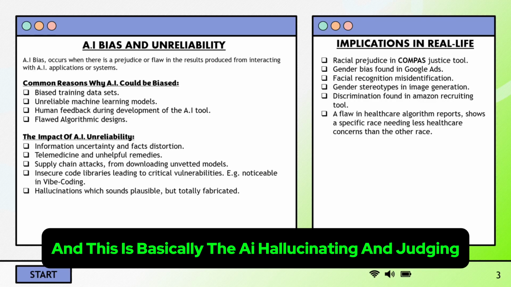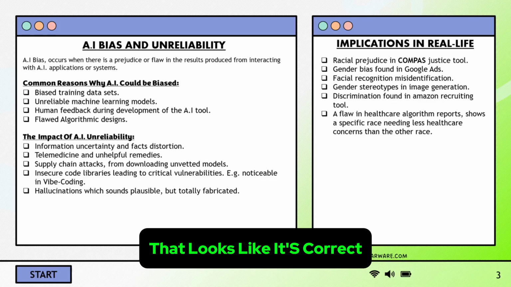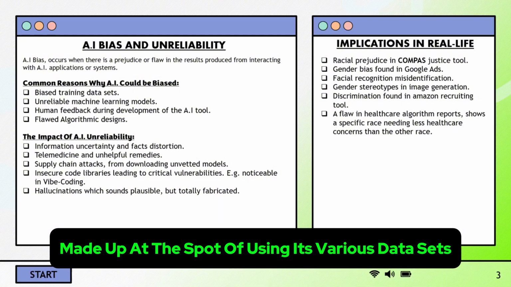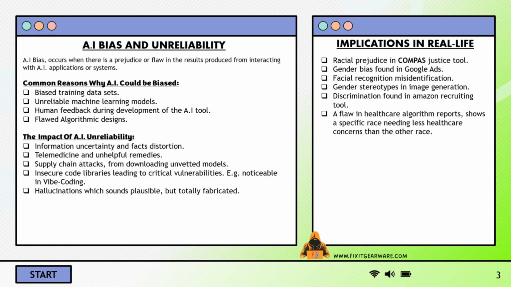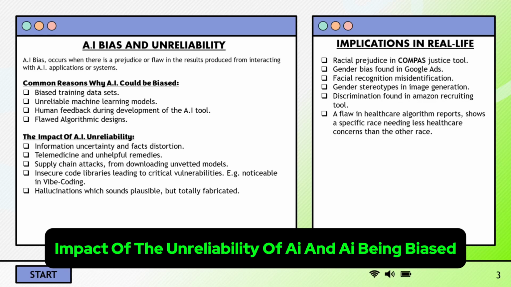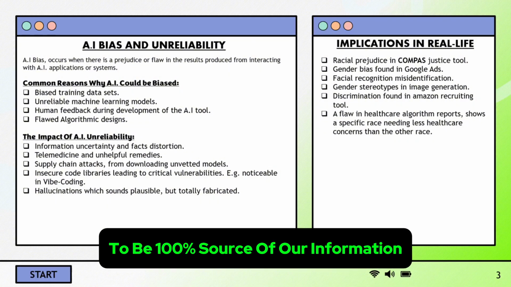And this is basically the AI hallucinating and judging based on what we ask to give answers that look like they're correct. But in the real sense, it's just something the AI made up on the spot, using the various data sets used to train it to give us the response to our prompt. So these are some of the dangerous, or should we say negative, impacts of the unreliability of AI and AI being biased. So we cannot specifically rely on AI to be a 100% source of our information.